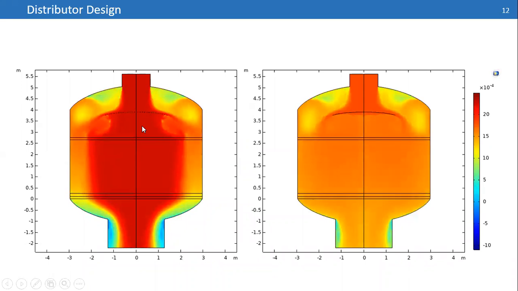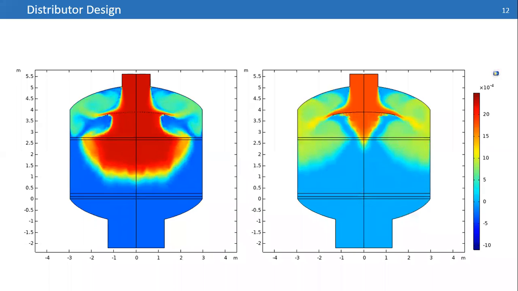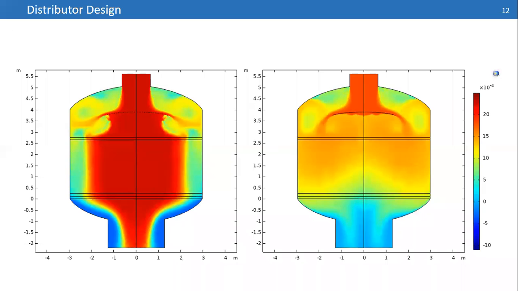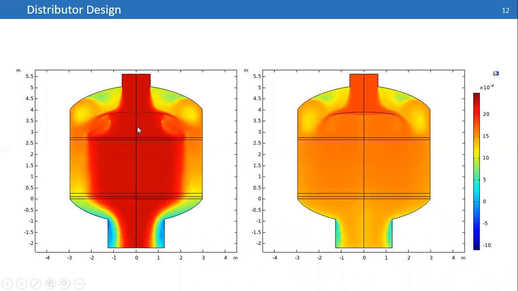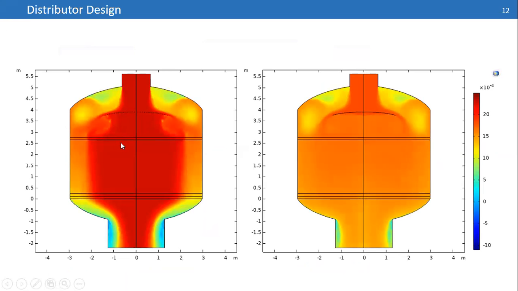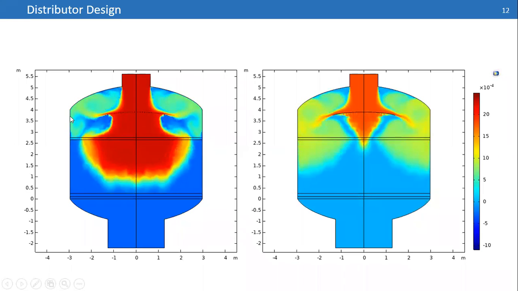What if we have a much more complex system? I would say that we can do simulation for the distributor separately. We can design any shape of any type of system that we have, and we just can go through the results.